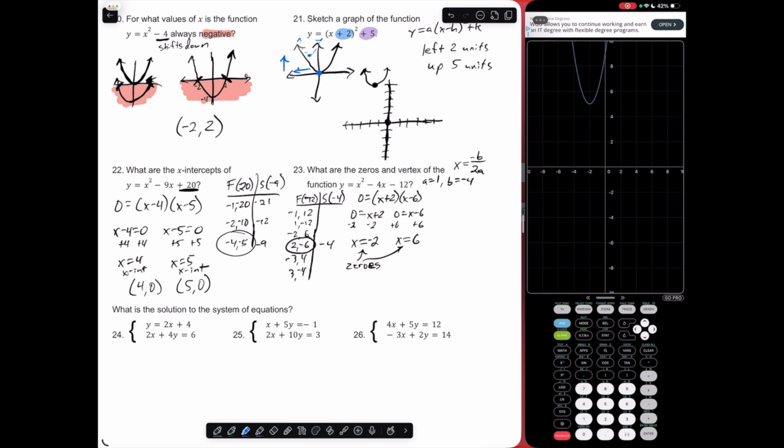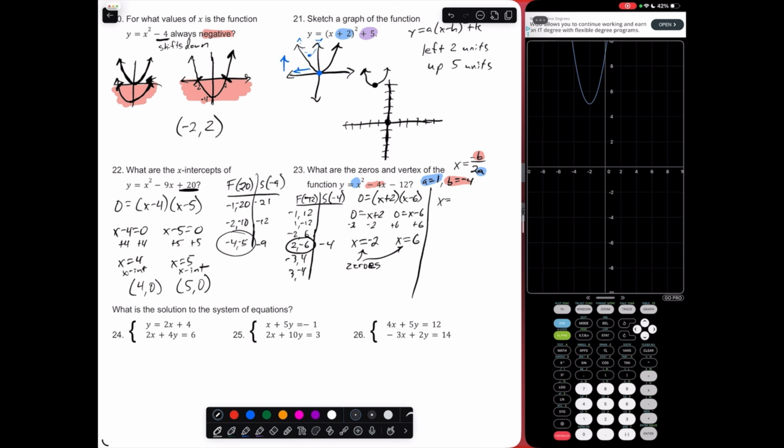I know this is a little messy, but just deal with it. The c value doesn't really matter for us in this problem. The c value is your y-intercept, so if you were to graph this, you would see that, but we're not asked about that.